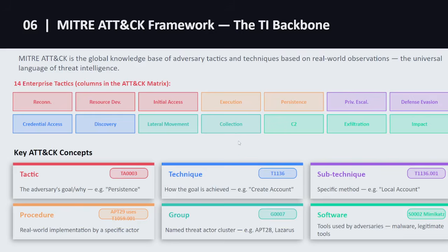Okay, so then C2 is command and control. Okay, he is establishing communication with the compromised systems here. Okay, so he is taking it to a nest which is compromised by these adversaries. Okay.